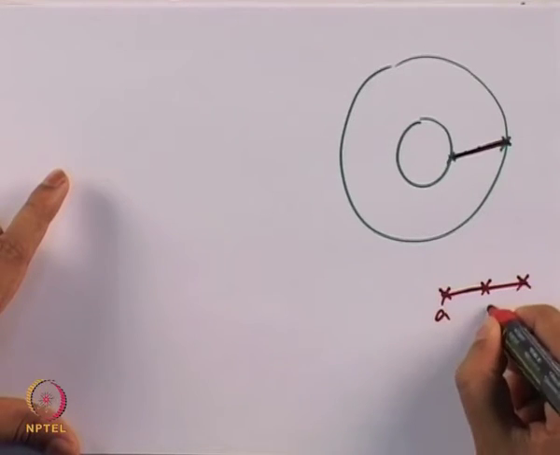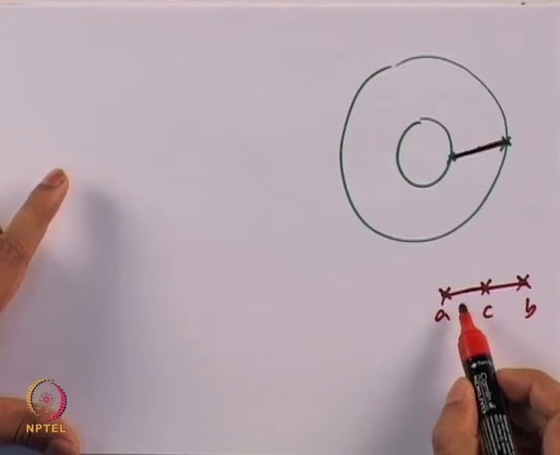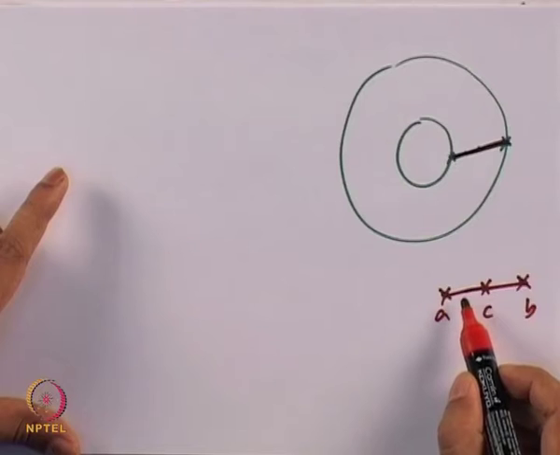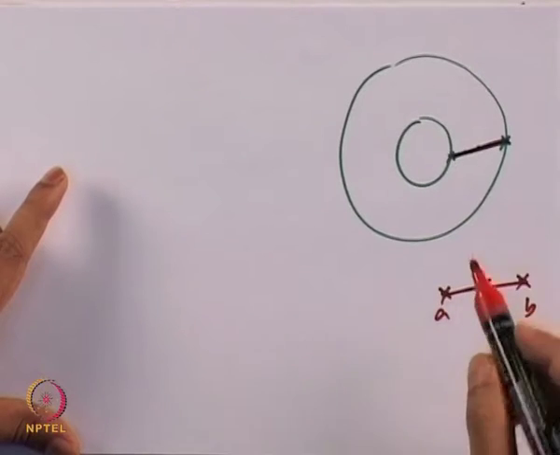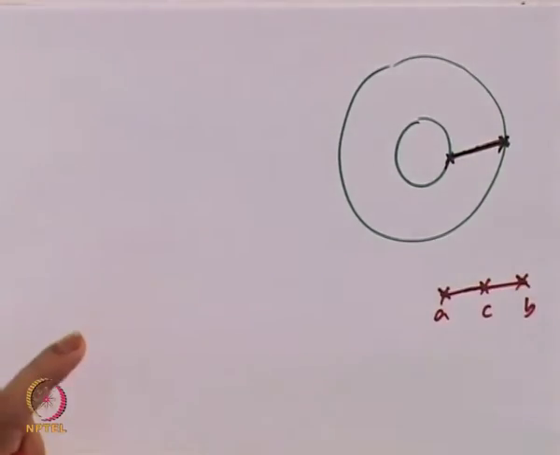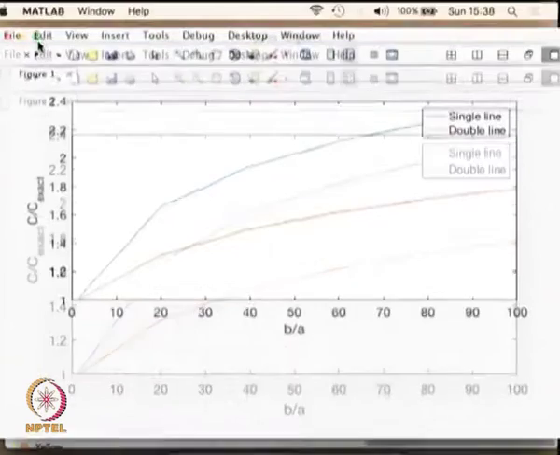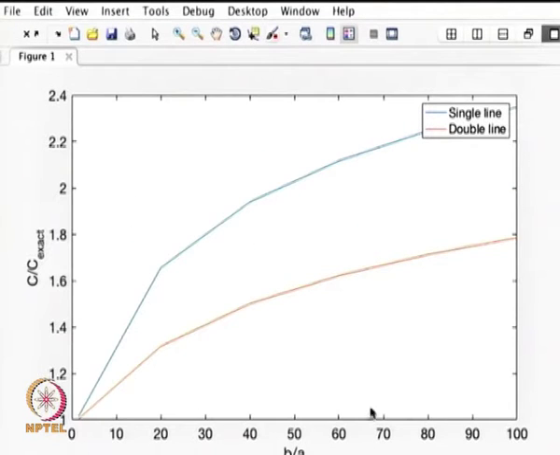so this is A, this is C, this is B, my value of computed capacitance is going to be much better compared to only one line. This we saw using the error value that we computed in the code. But what this graph is going to show us is very different and important information.